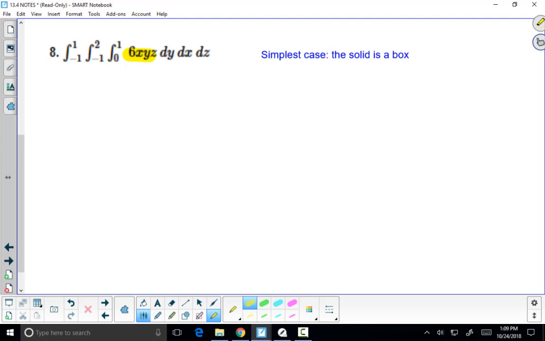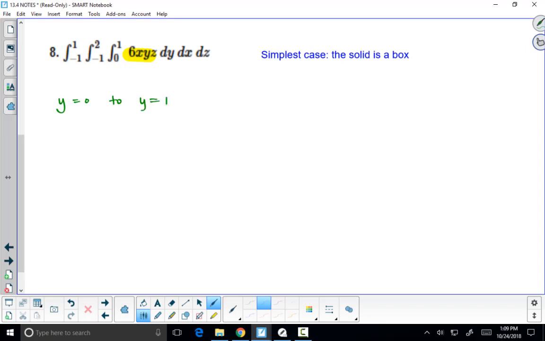This is the simplest situation, where all three limits of integration are constants. So then you have a rectangular box. Let's make sure that we understand. We're saying y equals 0 to y equals 1. So those are the innermost limits.